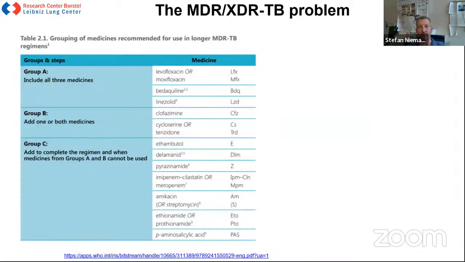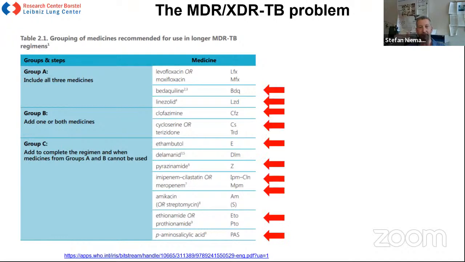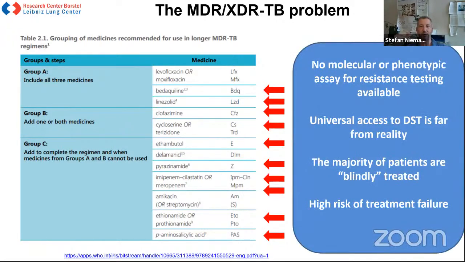So one particular problem is that, for example, for the new medicines that are used for treatment of MDR TB, currently there are a number of drugs, or quite a substantial number of drugs, so to say, where either no molecular or no robust phenotypic test assay is available when you consider it on a worldwide level, and therefore universal access to drug susceptibility testing is far from reality, and the majority of patients for which these drugs are used are treated blindly.